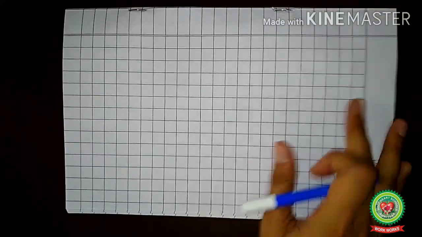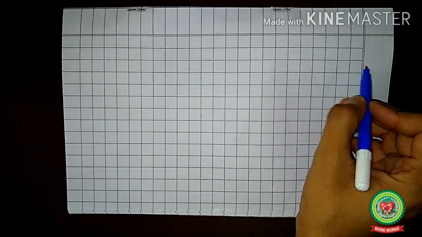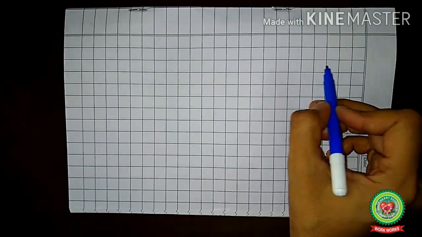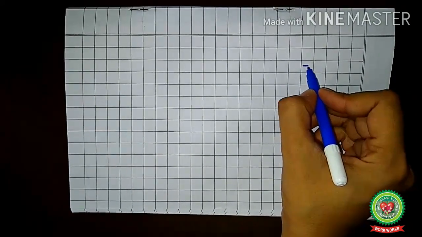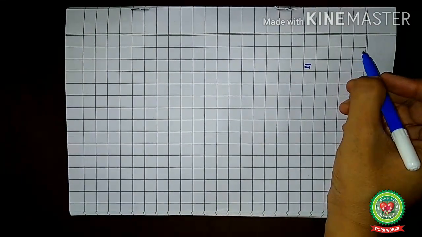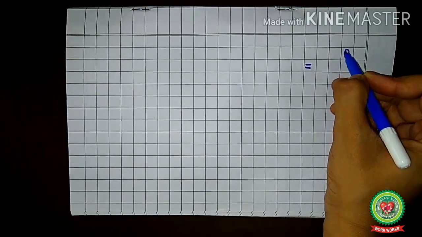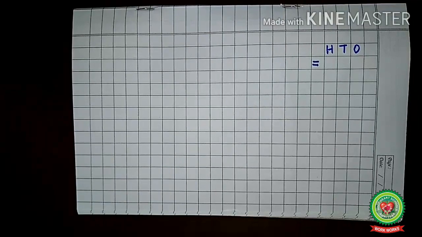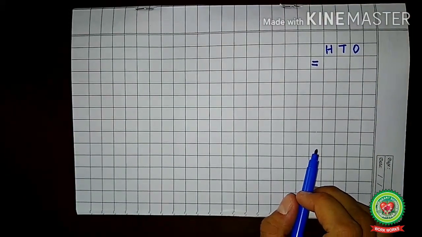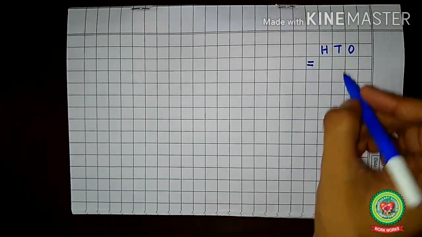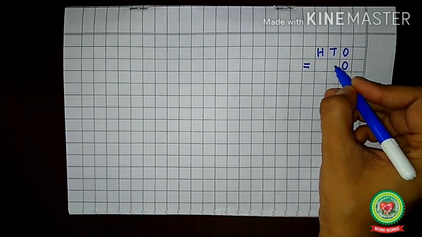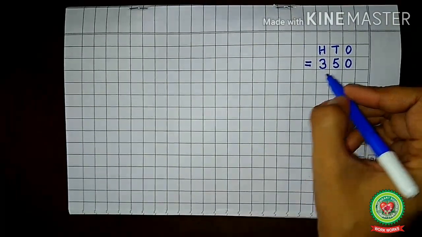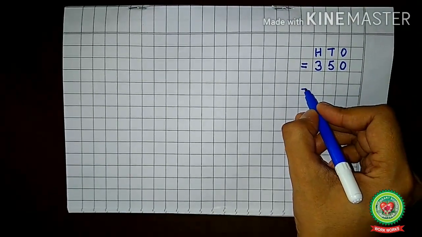Now first of all, from the back hand side you have to leave 4 boxes, 1, 2, 3, 4, and you have to put is equal to, and there you have to put the place value chart: ones, tens, hundreds. So the first thing which we have is oranges. How many oranges? 350, and we will start writing from the back side. 350 oranges.